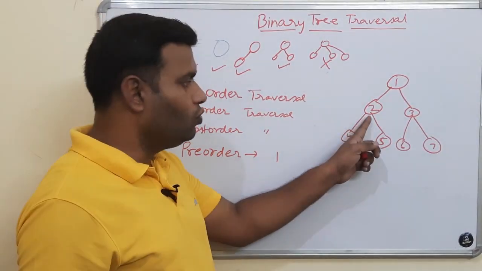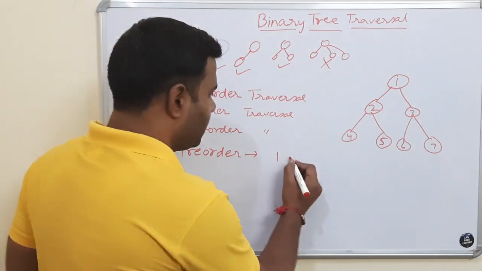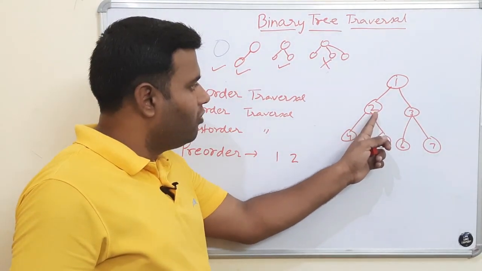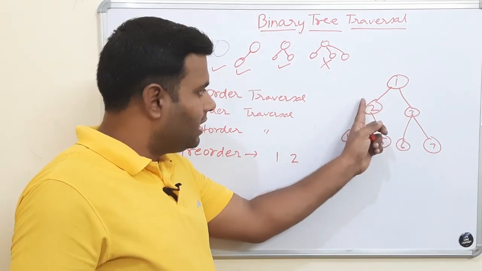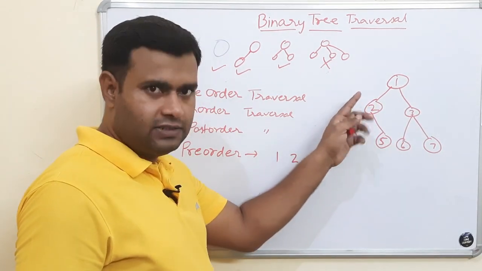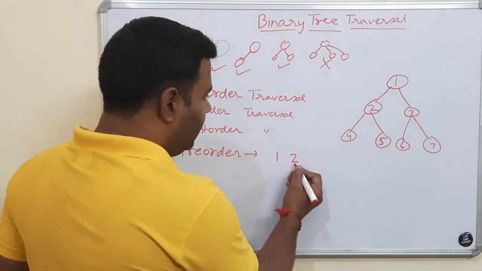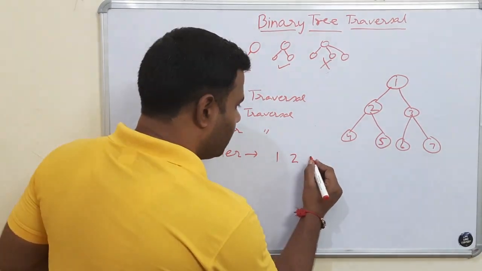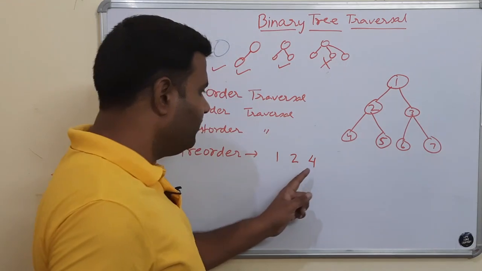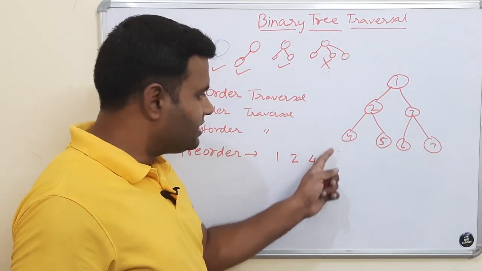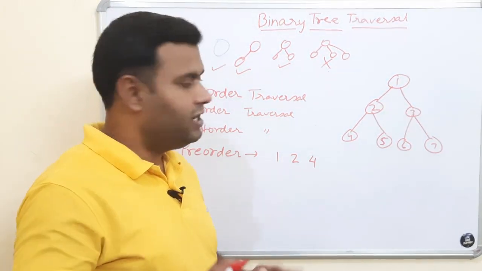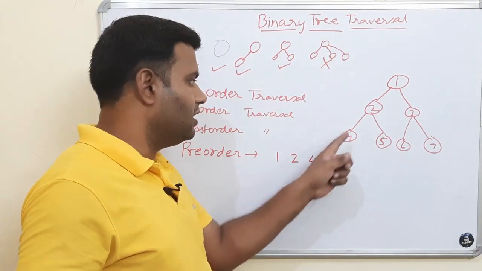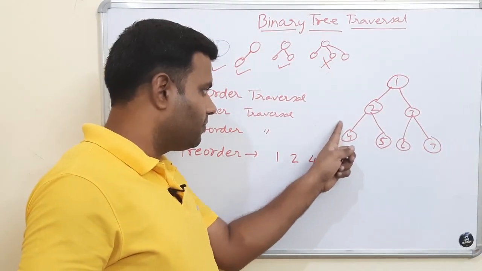Then I have to print 2. And then before moving to 3, we have to print this whole subtree, right? So we have printed 2, then the turn of 4 will come. We have written 4. Now its left child is null, so it's not needed. Again the right child is also null, so 4 is done. So this subtree is done.